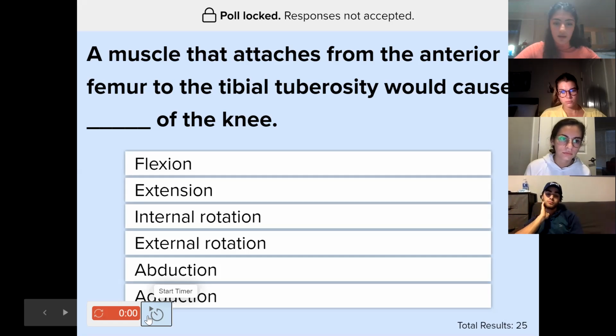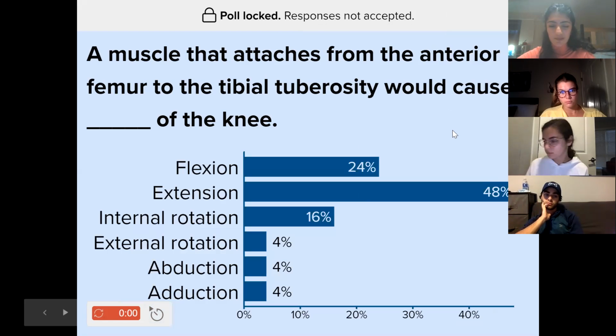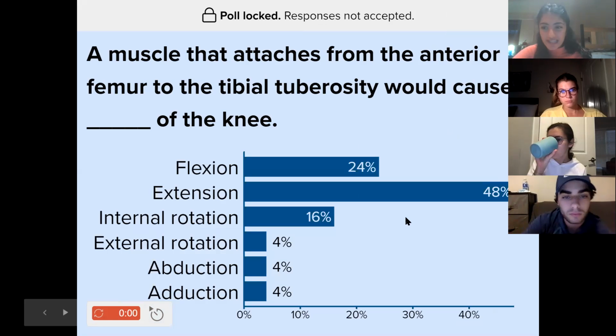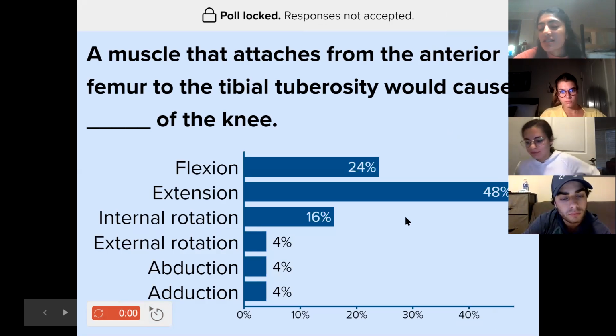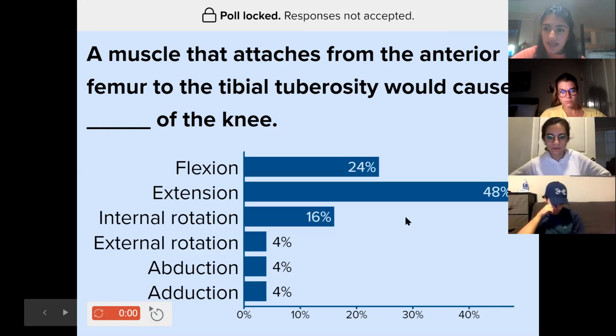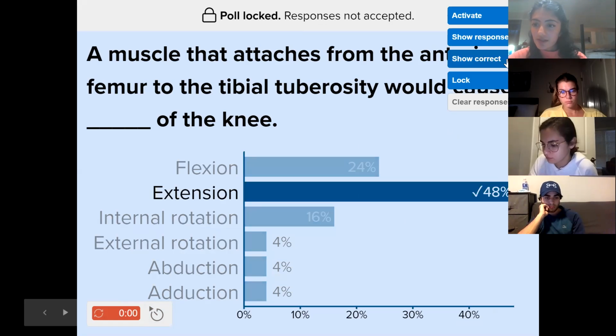Okay, so let's see how we did. A majority of us got extension. So would someone who has not spoken today like to volunteer and explain why they thought extension was correct? If you wrote extension as your answer, can you explain? I'll go ahead and show that that is the correct answer.